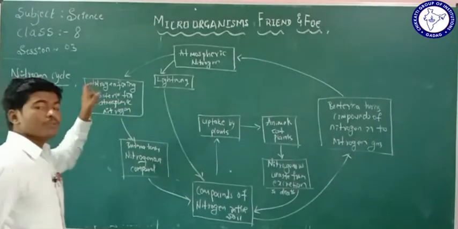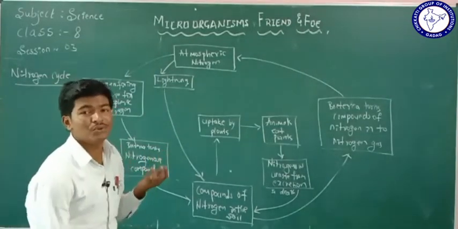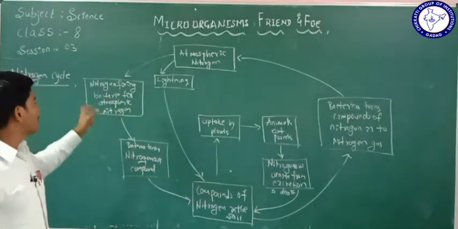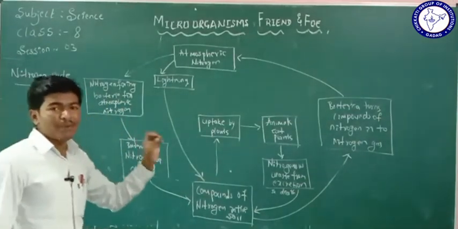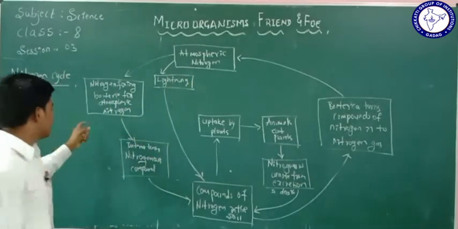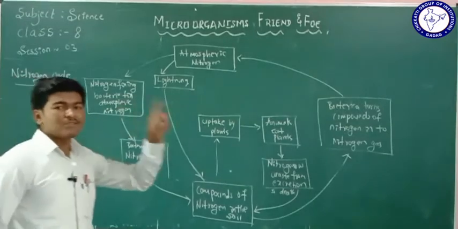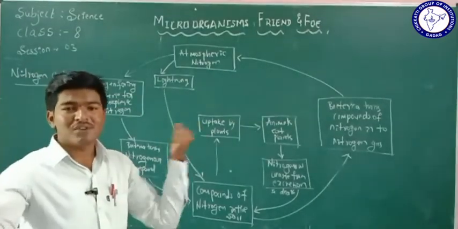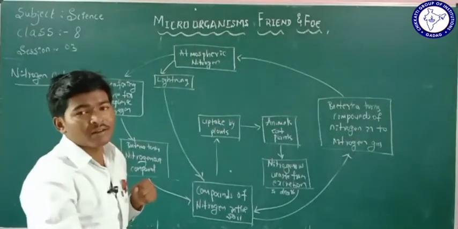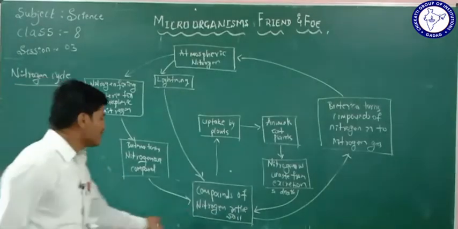Have you understood? The rhizobium bacterium is one of the bacteria used in the process of nitrogen fixing. That bacterium absorbs the nitrogen present in the atmosphere and converts it into a nitrogenous compound, and returns that nitrogenous compound to the soil.